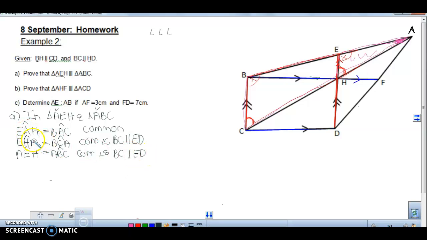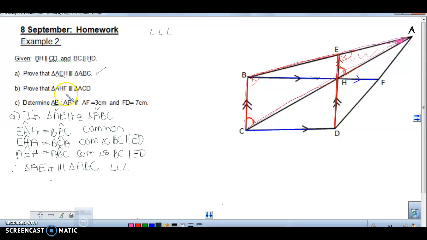So now I've got angle, angle, angle. Therefore I can conclude that triangle AEH is similar to triangle ABC. And the reason is I have an angle and an angle and an angle. So part A is done. Got that? I proved that they are similar.